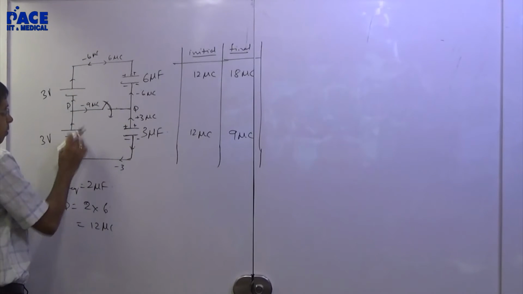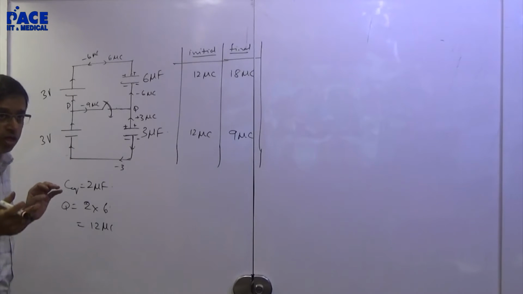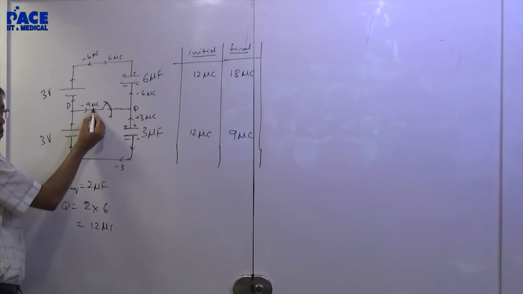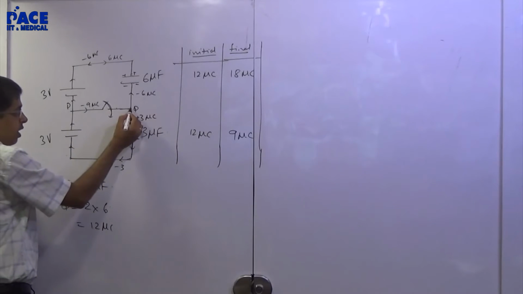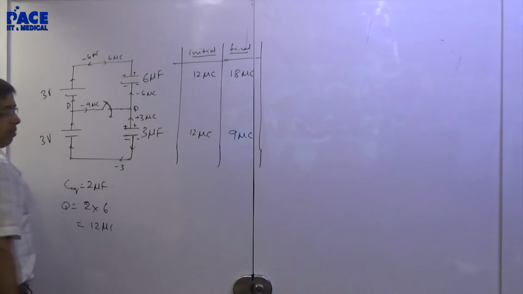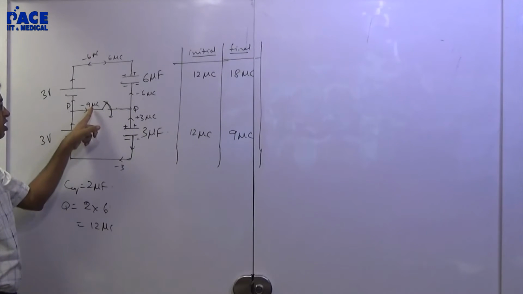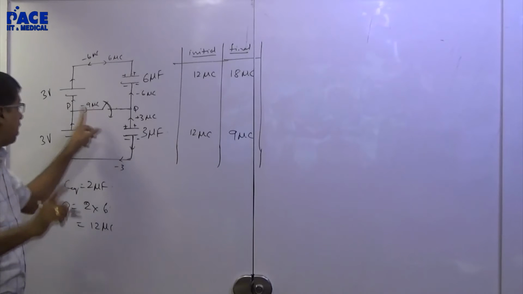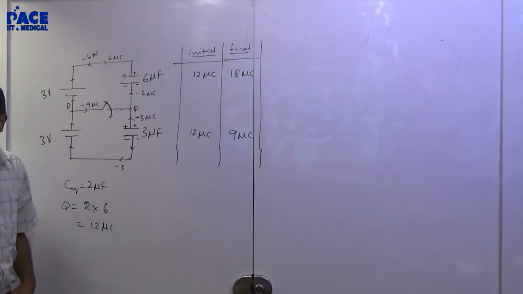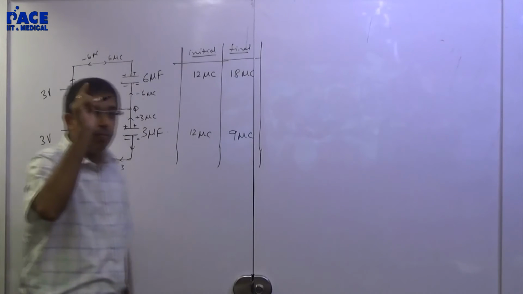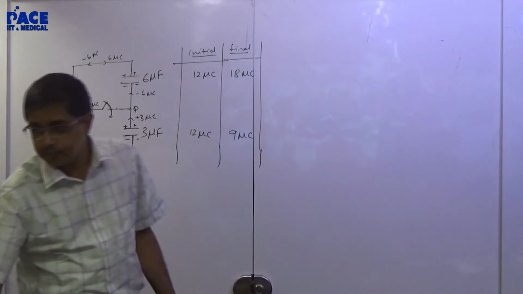Batteries are neither a source nor a sink. So minus 6 minus 3 will come down to minus 9, and minus 9 plus 3 will be minus 6. Hence, how much charge is going through the switch when the switch is closed? Minus 9 microcoulomb from P to Q. If somebody is asking for charge from Q to P, it will be plus 9 microcoulomb.